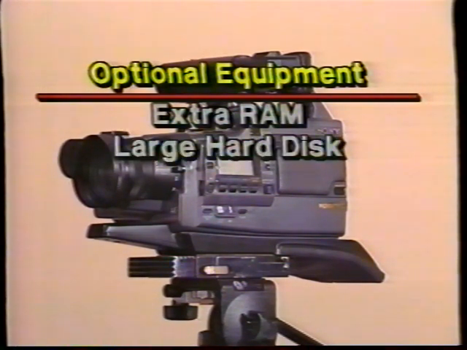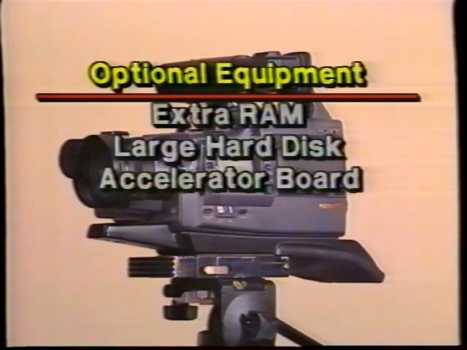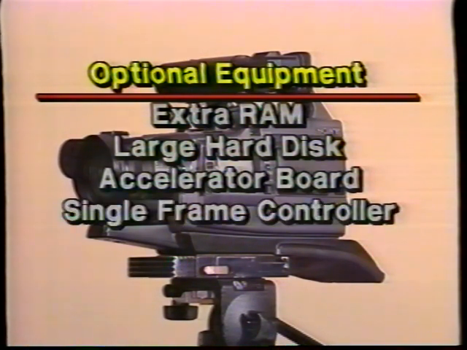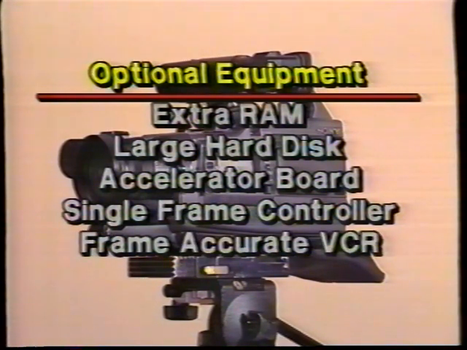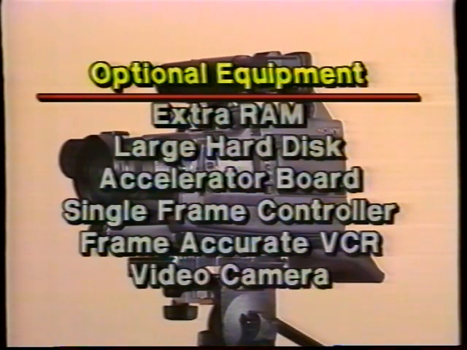Optional equipment includes extra RAM, 7 or 8 megabytes, a large hard disk, 80 megabytes or better, an accelerator board, a single frame controller, a frame-accurate tape deck, and a color video camera or a camcorder combination.